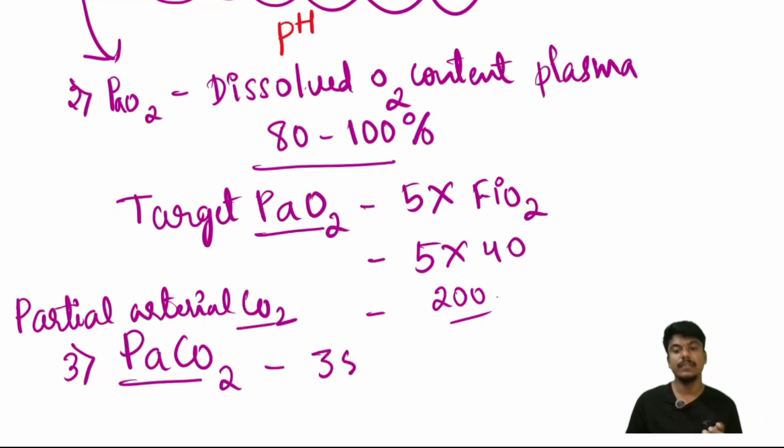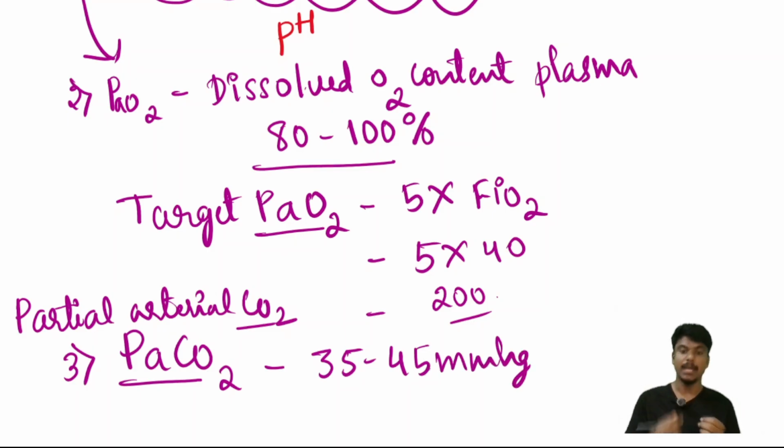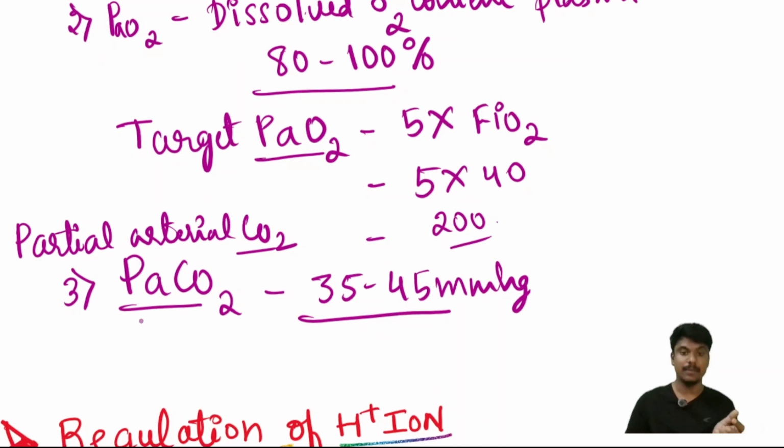That will be around 35 to 45 mm of Hg. That is a normal PaCO2 level.